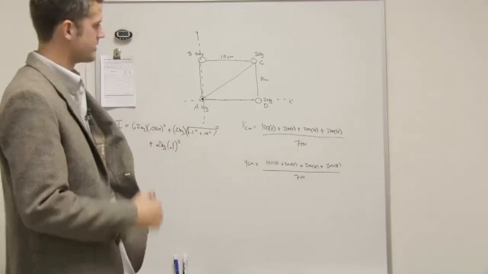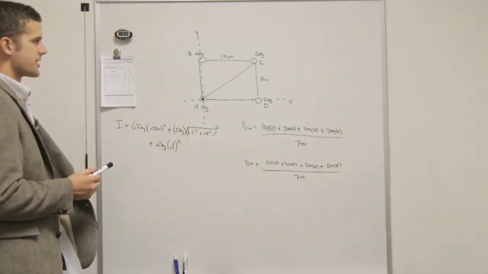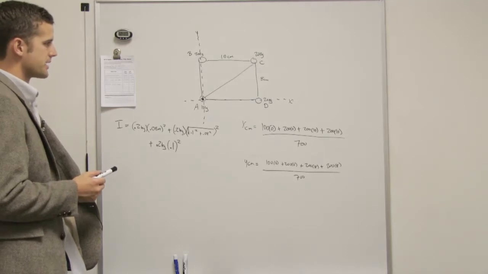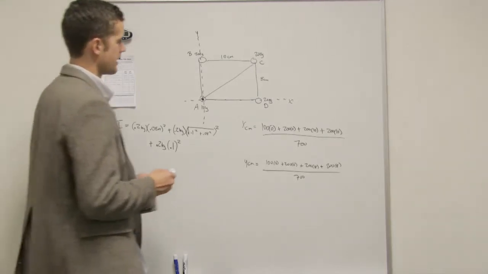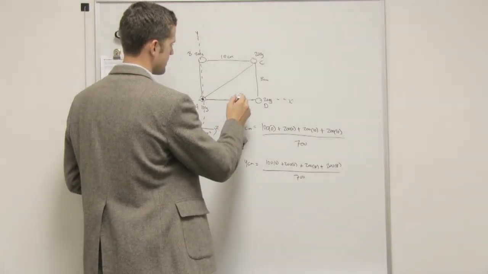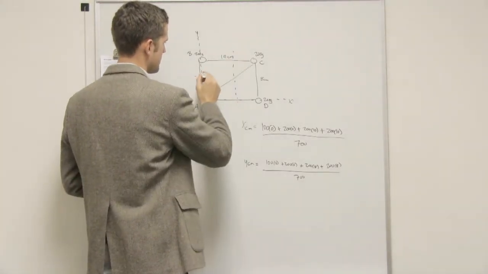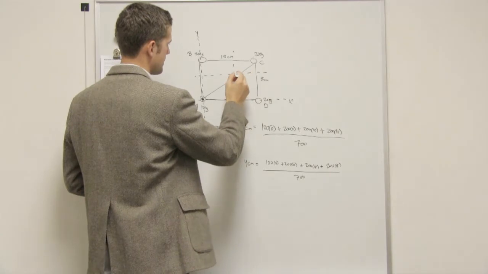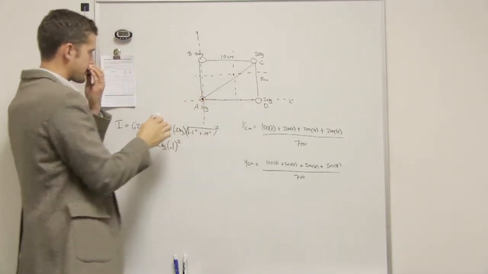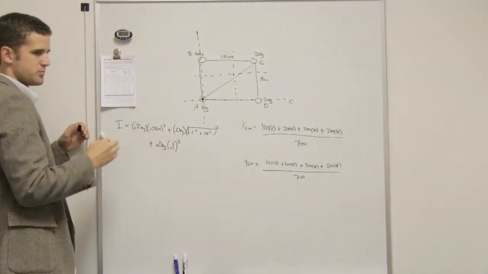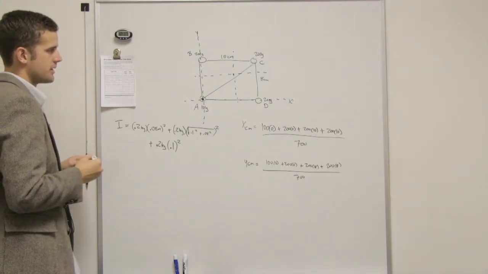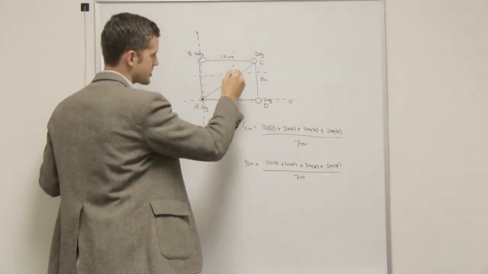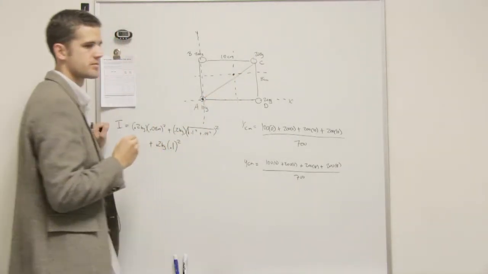Sometimes they'll have you do other things. Your center of mass will end up kind of out here, because that's where we're heaviest. Since you've got this 100 grams, it'll be further away. Sometimes they'll have you find the moment of inertia about the center of mass.